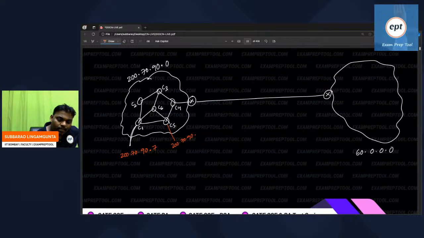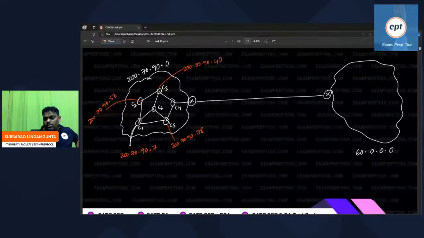So it can be 200.70.90.78, or 200.70.90.40, or 200.70.90.53. Some numbers like that, everyone has some IP. The only thing is the host part is changing.